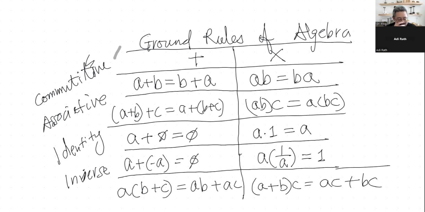Distributive. Very good. Basically, we just distribute this one to every term inside the parentheses. So that's basically the grand rules of algebra in terms of addition and multiplication.